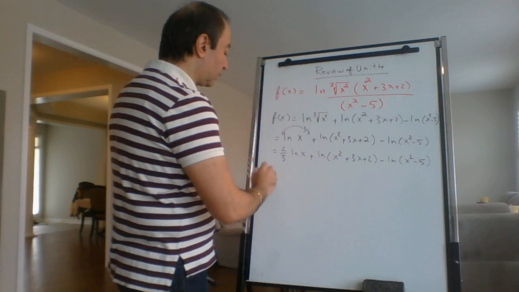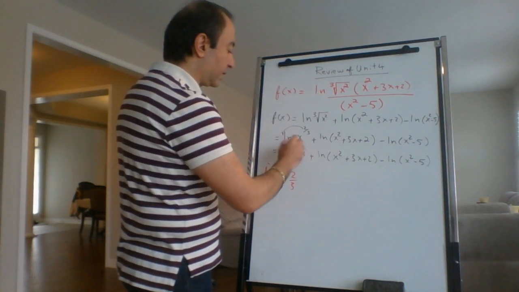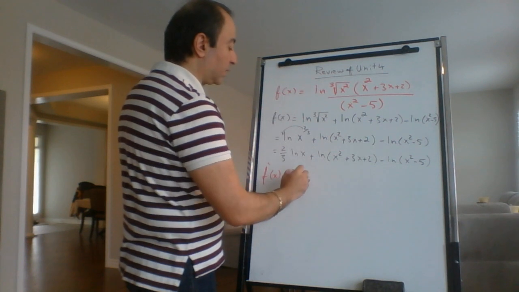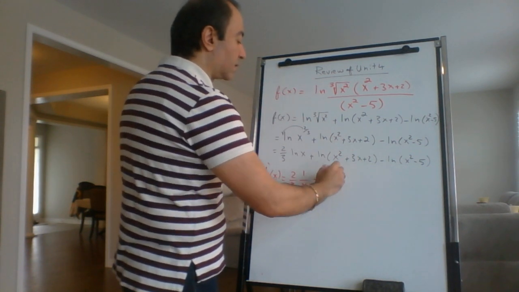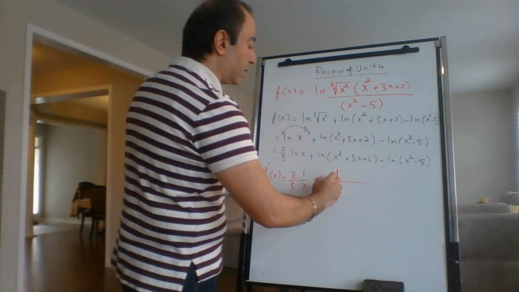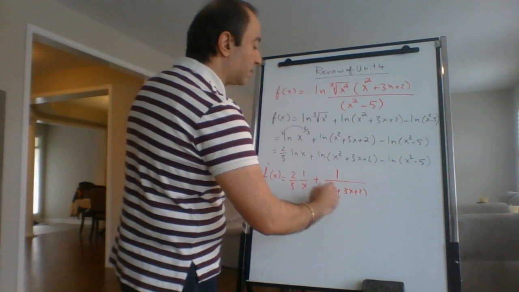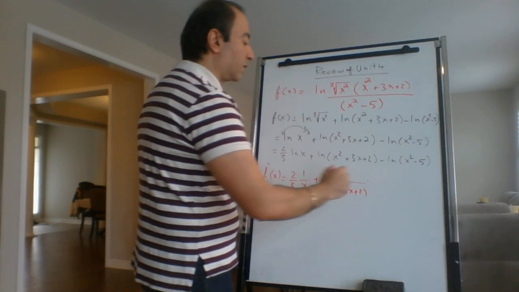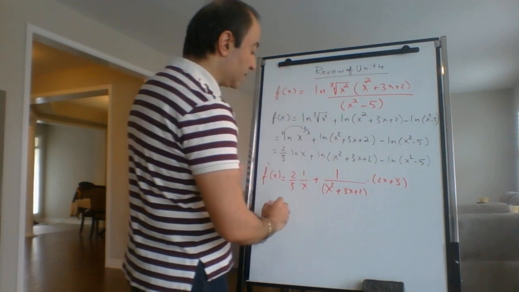So now if I want to find f prime of x, 2 over 3 will be here, derivative of ln x will be 1 over x. Plus, the derivative of this is 1 over x squared plus 3x plus 2 times the derivative of whatever inside, which is 2x plus 3. Much easier.